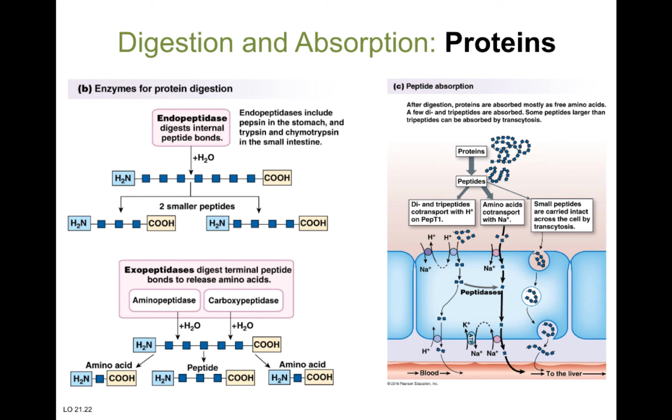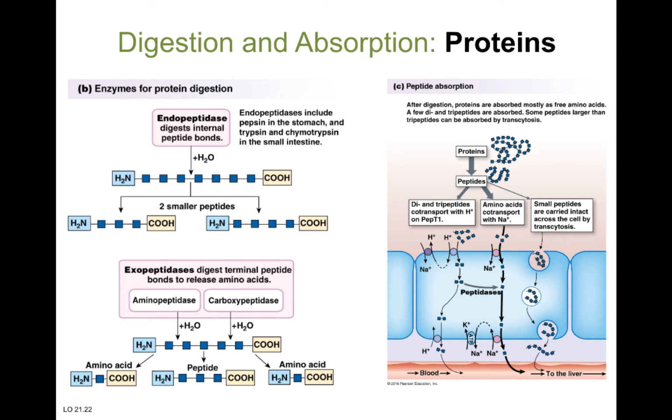Rounding this out, let's talk about proteins. Again, a lot of information here. I'm not expecting you to know the details. We're just going over the generalities. Again, we can't absorb large proteins or protein polymers. We have to break those proteins down into smaller fragments that we refer to as peptides, okay? Short chains of amino acids.